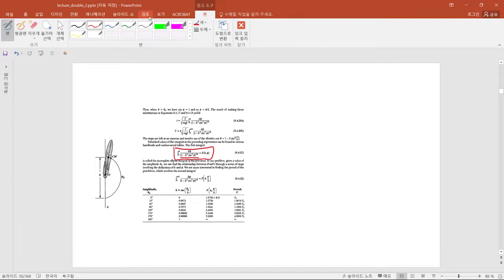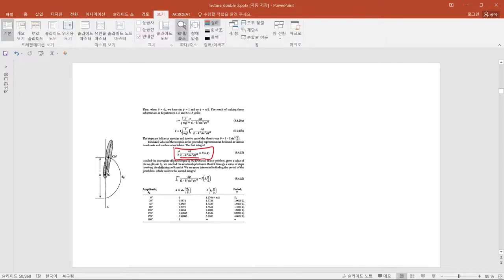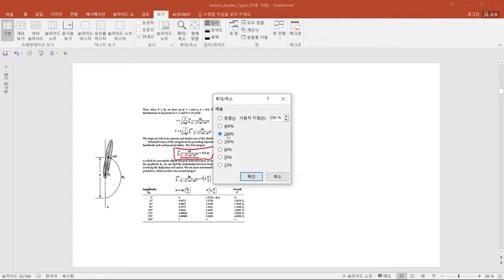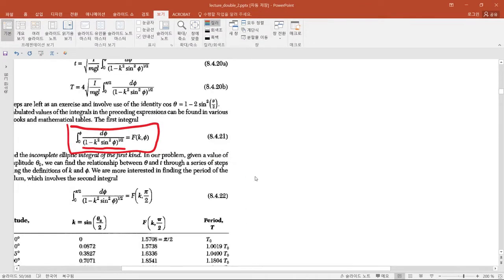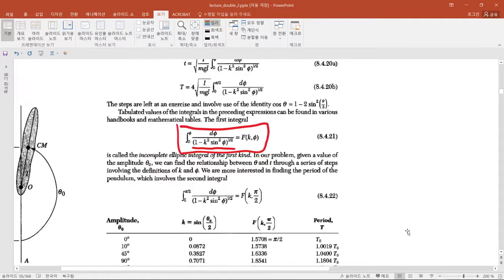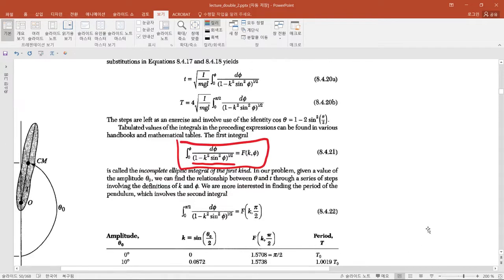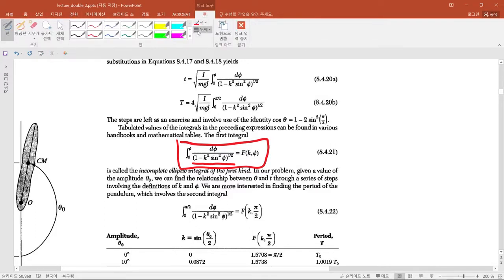So that is the elliptic integral. This factor we have just derived here.